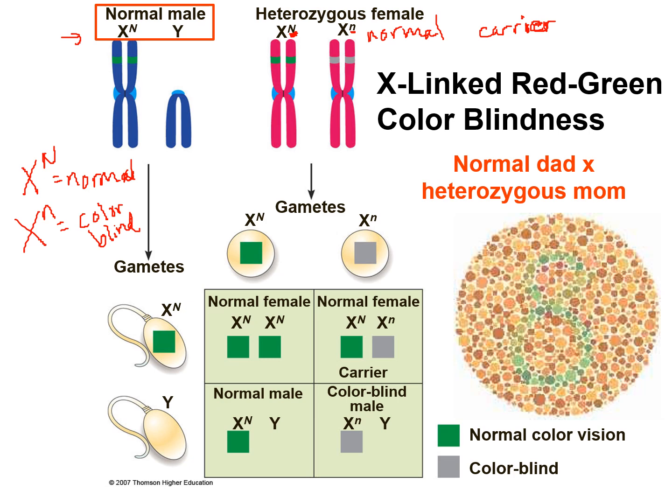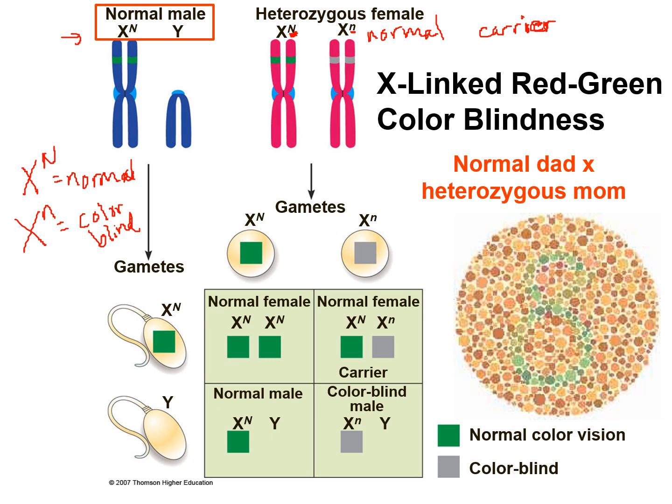And then we're going to have X big N, X little n, and this girl would also have normal vision, but she's going to be a carrier. So she does carry that recessive allele, but she does have normal vision. And then we're going to have a normal male, and then we do get a colorblind male.